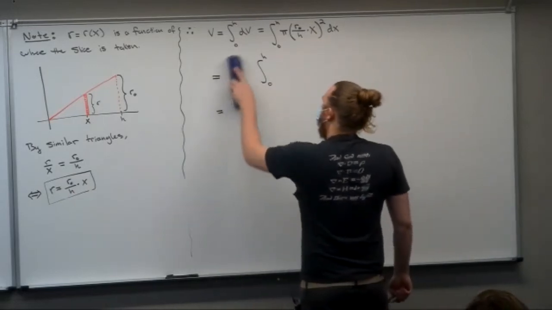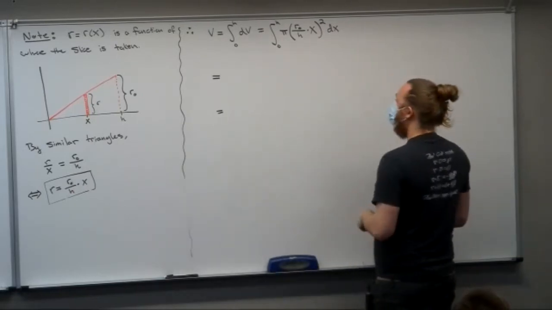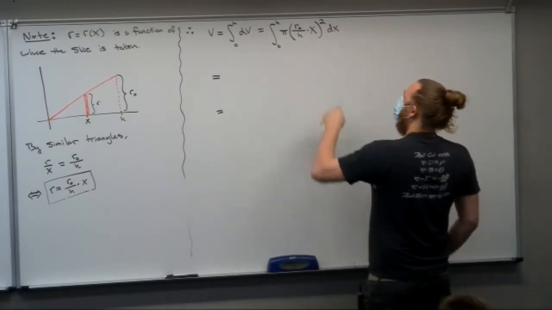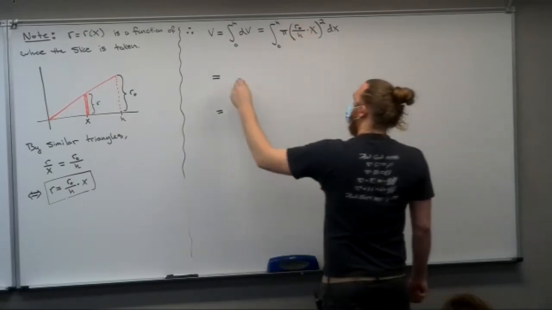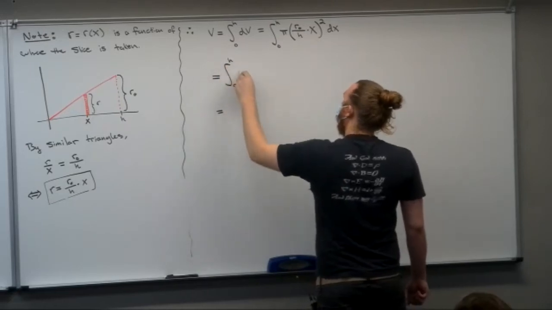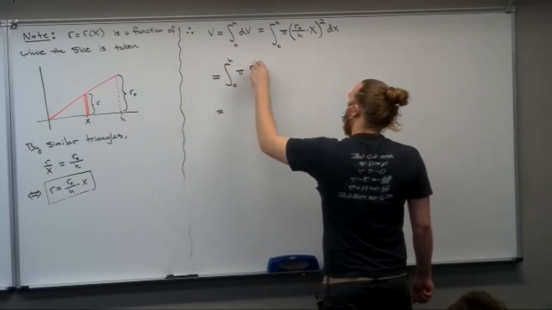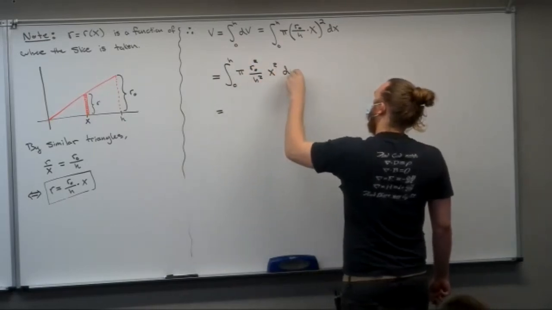The constants that pop out are different also. All right, the pi will still come out. When I square r naught over h times x, I'll leave it in for this line. It's going to be pi r naught squared over h squared times x squared dx.